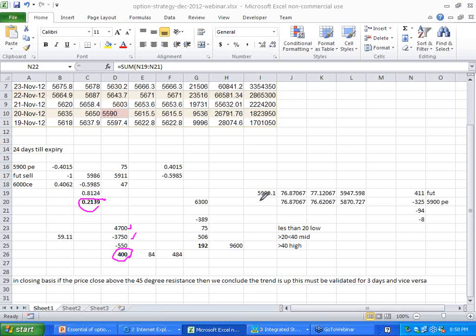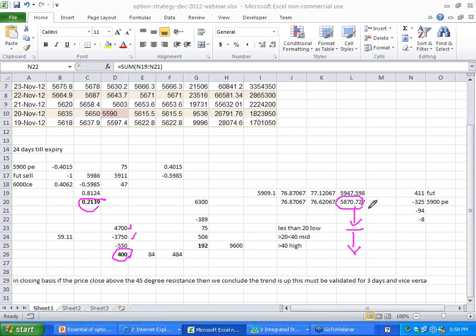In case the rally doesn't happen and it is going for a downtrend, then you must come out. Here I have already told you the downtrend price point. If it breaks the 5870 level at the initial stage, and further breaks two levels successively, then you start closing the trade and come out.